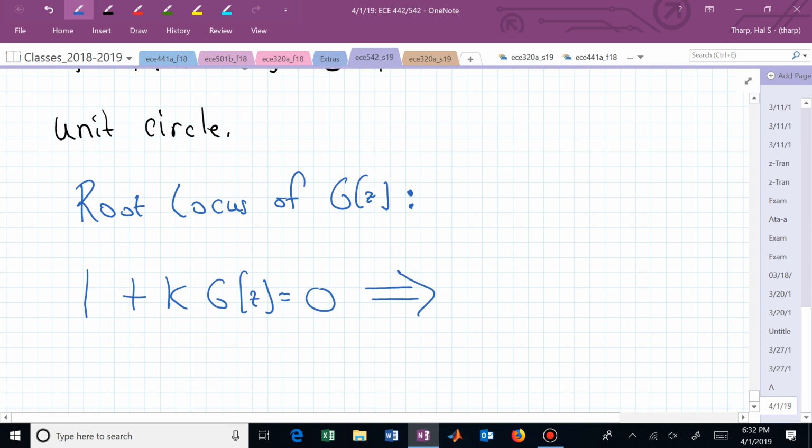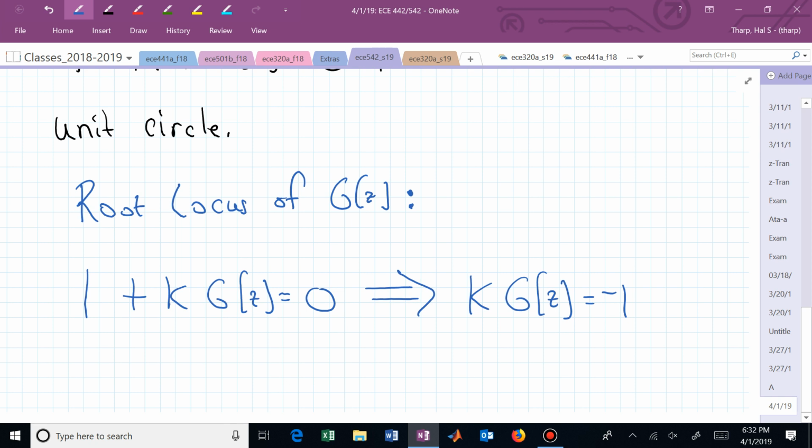Suppose we subtract 1 from both sides. We then have k g of z equaling minus 1. But we've played enough as electrical engineers to realize that minus 1, that's really a complex number.